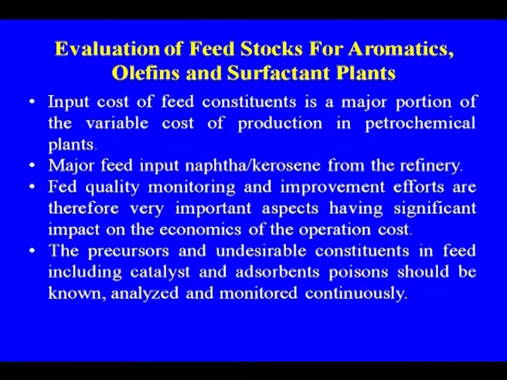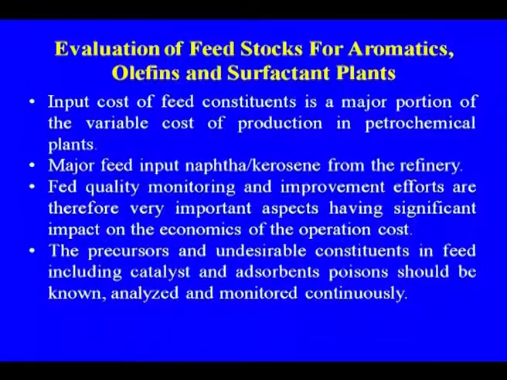Feed quality monitoring and improvement efforts are very important aspects, having significant impact on the economics of the operation, as I told you, because all the products from further processing of the aromatics and this naphtha will be affected if the aromatic content is lower, or if it is higher, since from the cracker point of view we prefer more paraffinic feed. Similarly, aromatics will affect the quality of the kerosene, but in the case of LAB, what we need in petrochemicals is the carbon number.